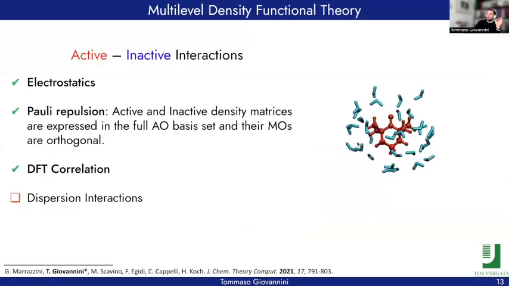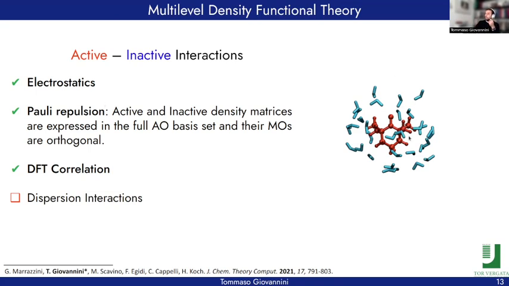Okay. In this case, in these models, differently from before, what do you have? You have electrostatics. So this is exactly as a standard QM/MM, a polarizable QM/MM. But you also have automatically a description of Pauli repulsion, okay? Because the orbitals of the active and inactive are orthogonal.